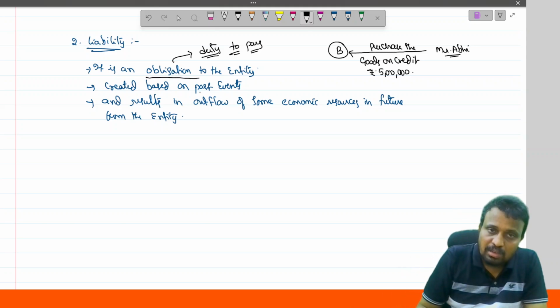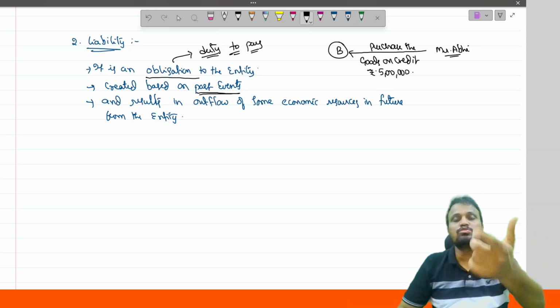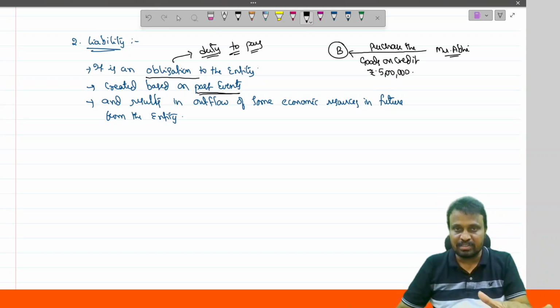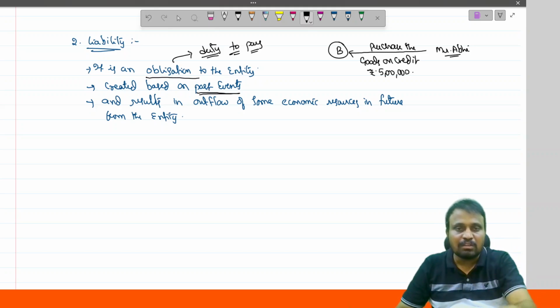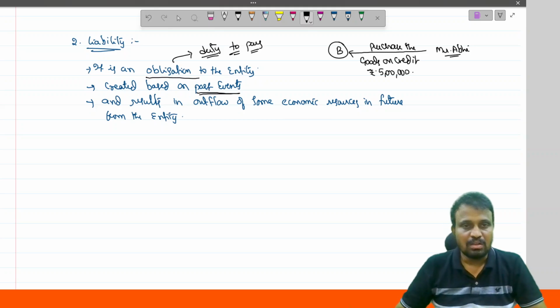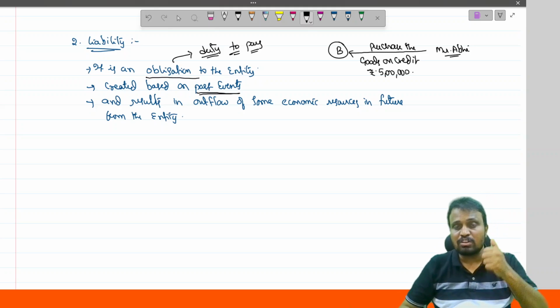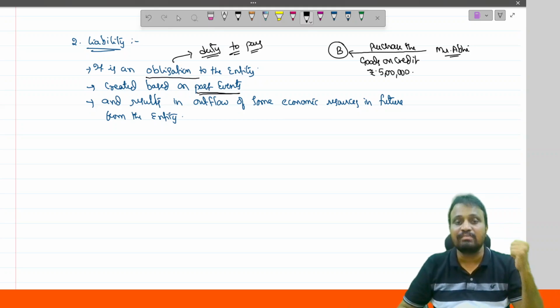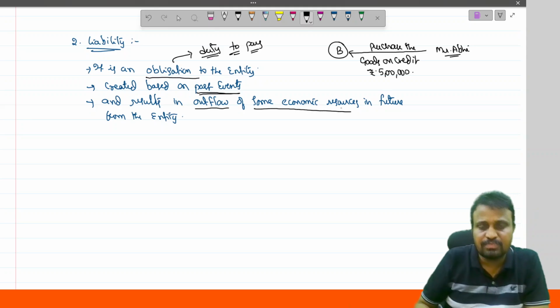Because of what? It was created based on some past event, because previously you purchased the goods from the respected party on credit basis. That's why you have that person's name in our books of account as a creditor, as a supplier. That account is created because of an activity that happened previously, and it results in outflow of economic resources.